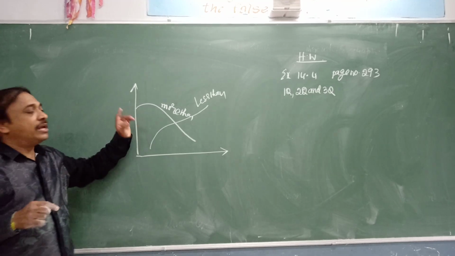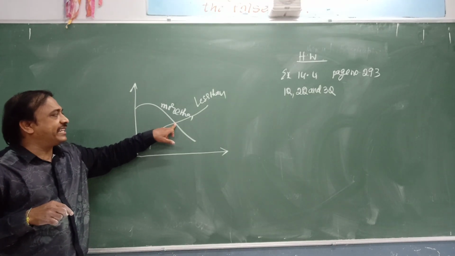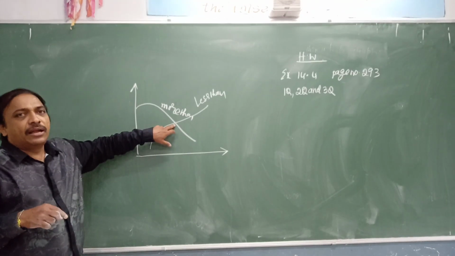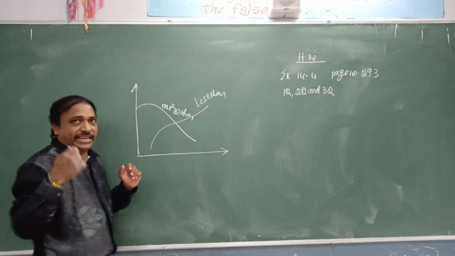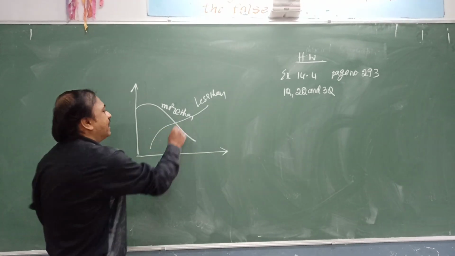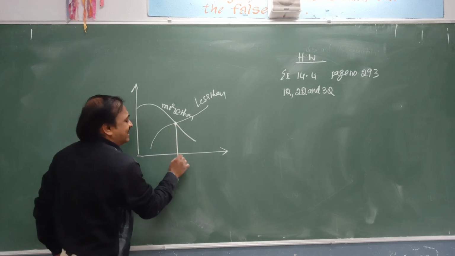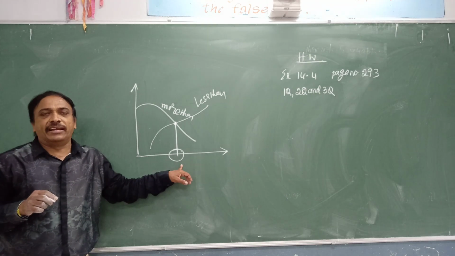Through this graph, identify the point where both curves are meeting. So the n by 2 value is already here. From this point, if you draw the perpendicular towards the x-axis, that x coordinate will be the median.